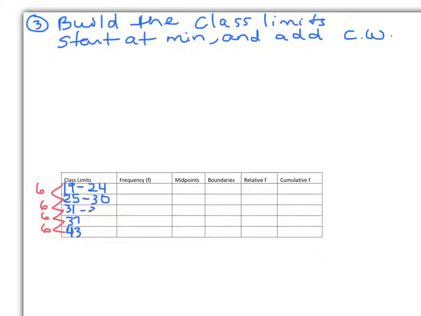This class must end at 36. This class must end at 42. And the last class, everything should be consistent here, so this should be a 48. If you look, all the lower limits are 6 apart and all the upper limits are 6 apart. My whole table should be the same width apart.